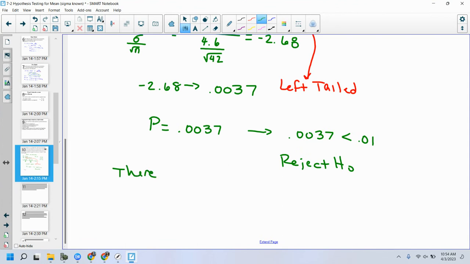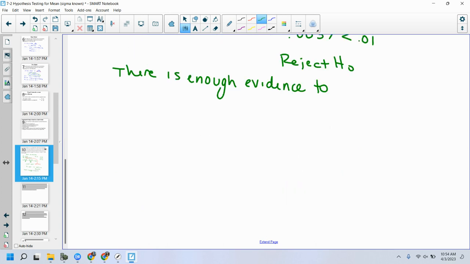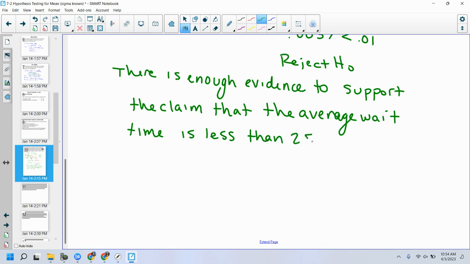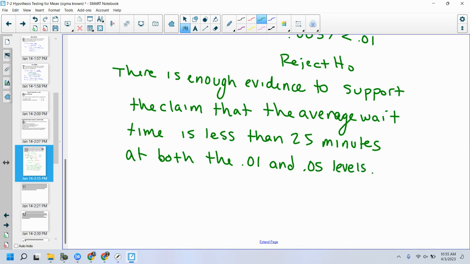There is enough evidence to support the claim that the average wait time is less than 25 minutes at both the 0.01 and 0.05 levels of significance. That make sense?